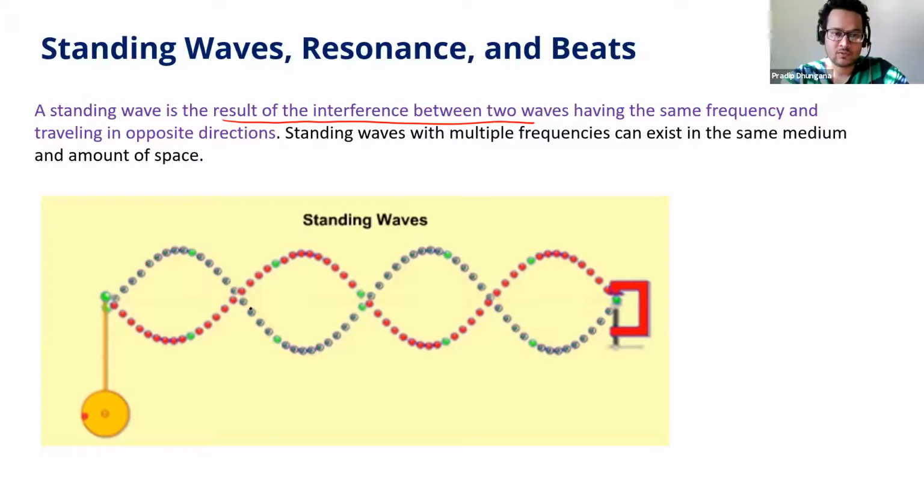You can see here one wave in this direction and another wave in the opposite direction, and they have exactly the same frequency. When two waves travel opposite to each other with the same frequency, the resultant wave is a standing wave.